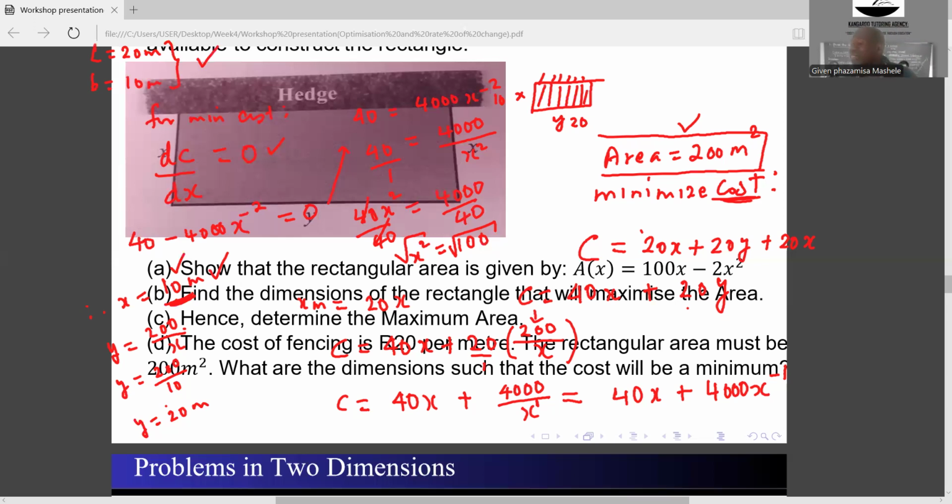Guys, you need to know this. These things are very important. In calculus, for maximum or minimum, the derivative should always be equal to 0 at that point in that function. I believe you are following.